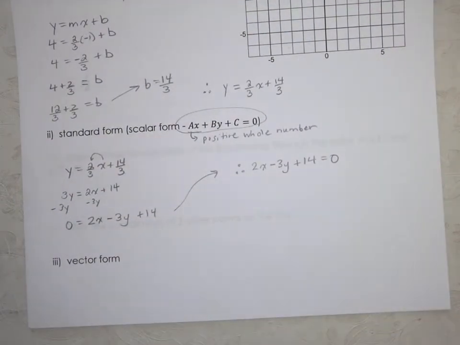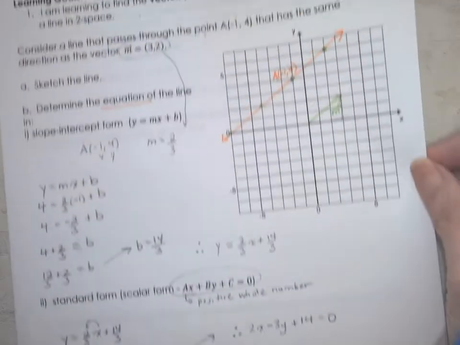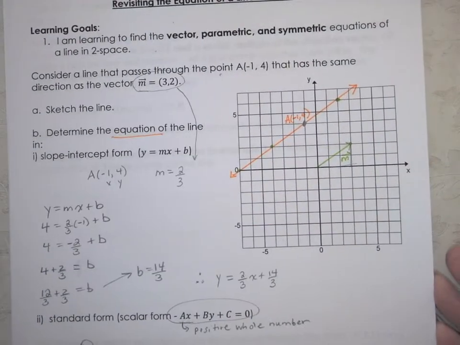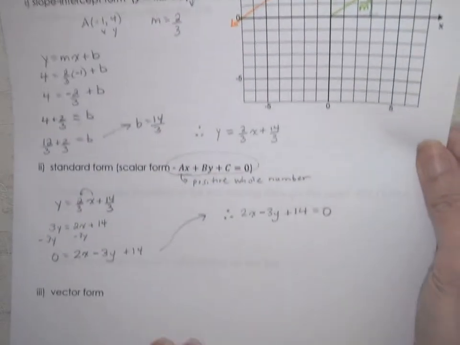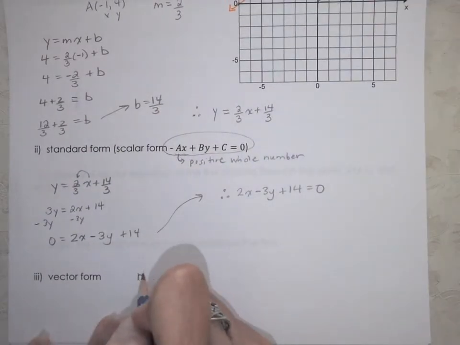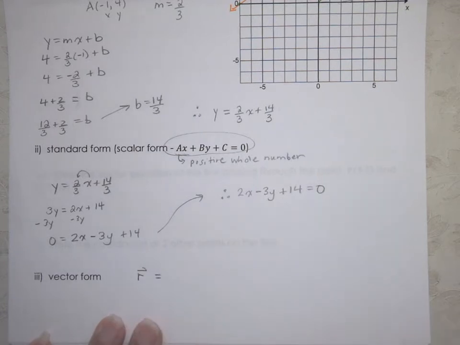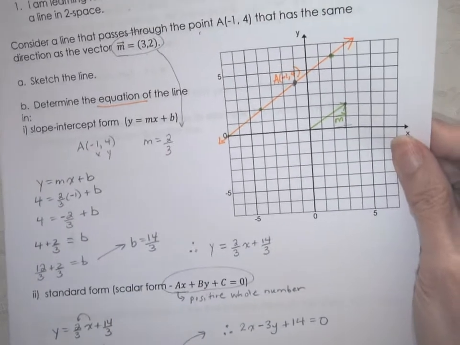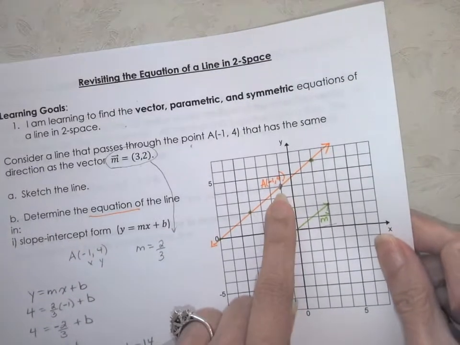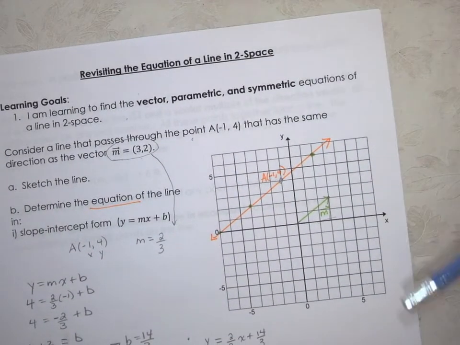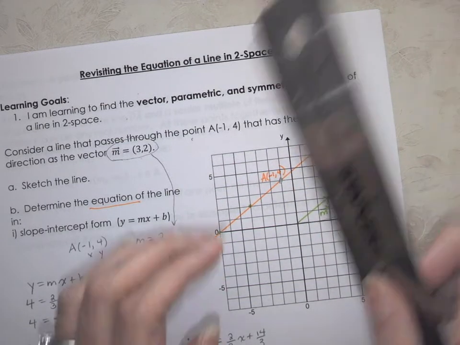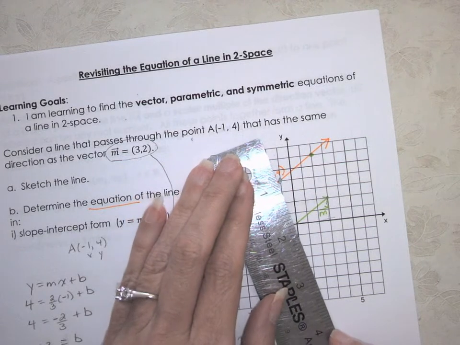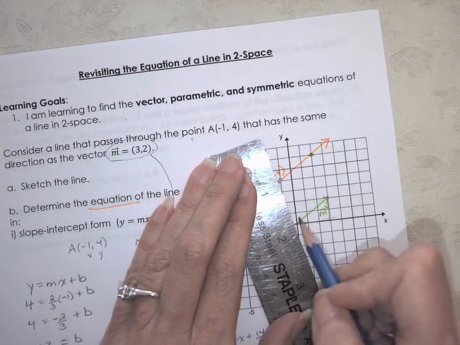Vector form is new for us. So we're looking at this line again, and we want a vector equation of the line. For a vector equation of the line, we use r vector, which is equal to, so we start off with the position vector of a point on the line. So we're going to use the vector from (0, 0) to (-1, 4).